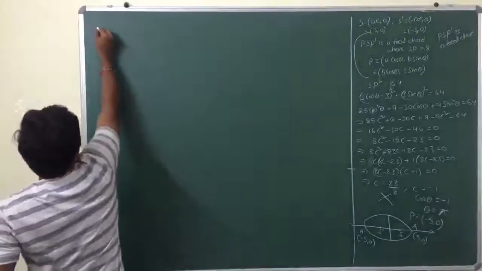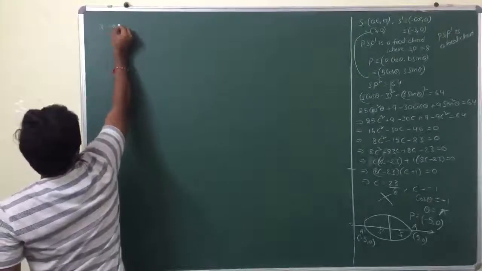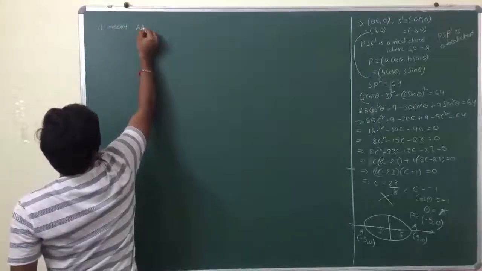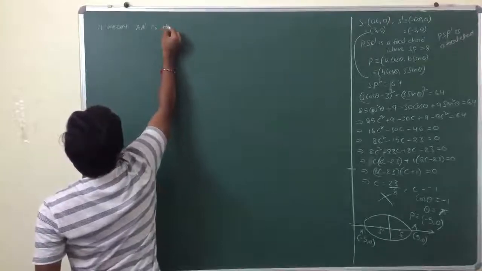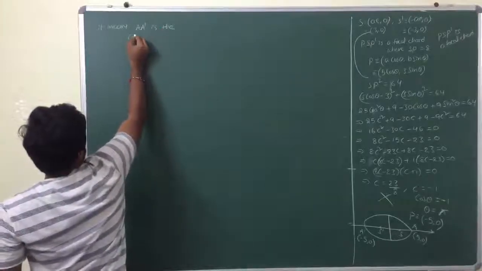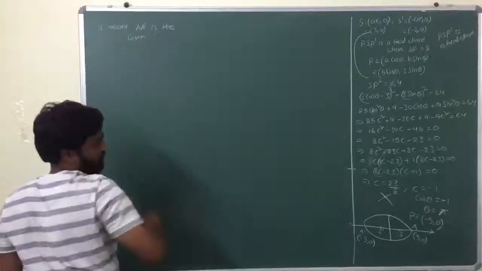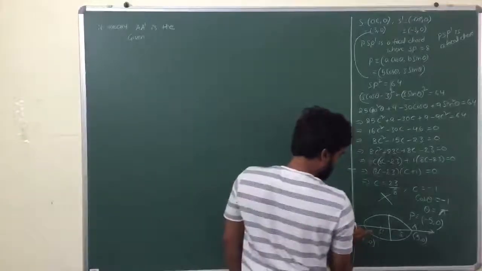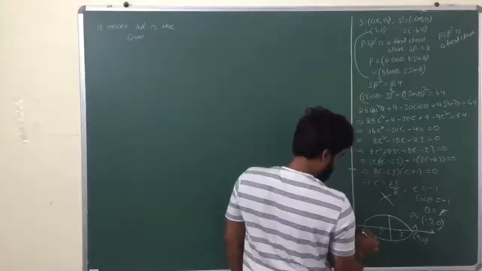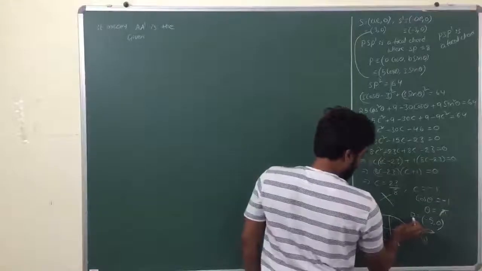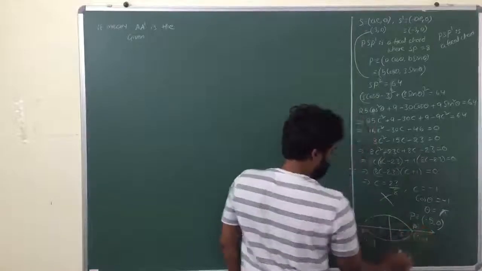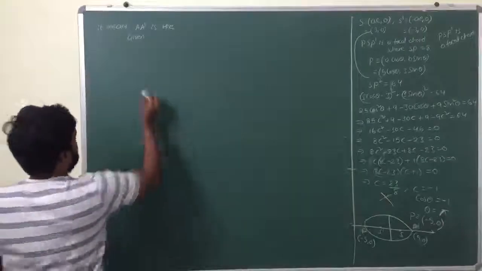So it means P dash is the given focal chord. If you consider this as P, then this will be P dash. Okay, let it be like that.